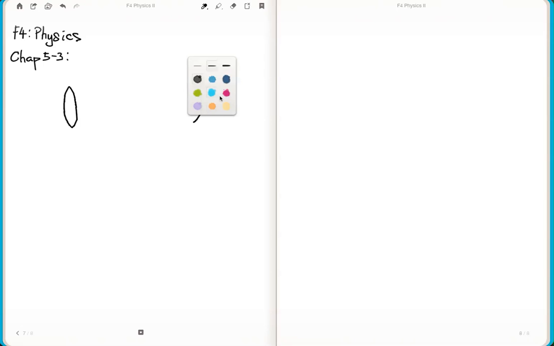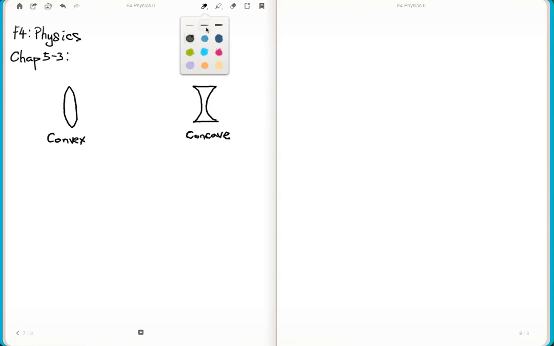Concave, cave into it. Cave in, right? So we bend in. Concave, cave in. Bends out, convex. V-E-X, wax, convex.